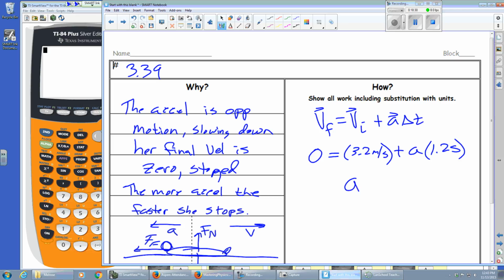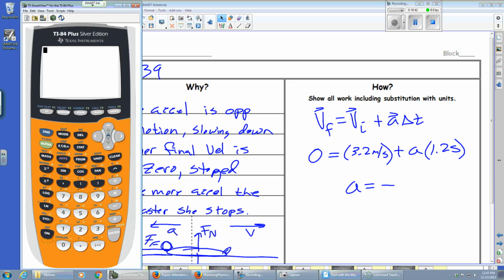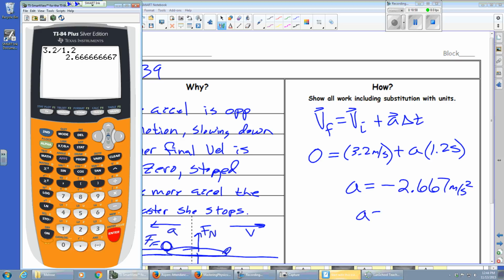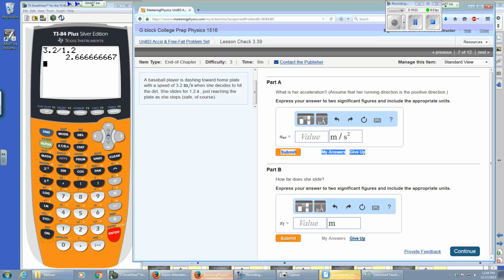And I'm going to solve for A, and I'm going to get negative 2 point something. Let's see. Negative 2.667 meters per second squared, which I would report as negative 2 point, how many sig figs do they want? 2.